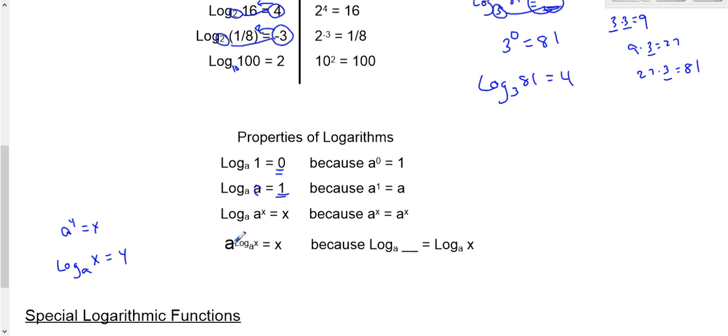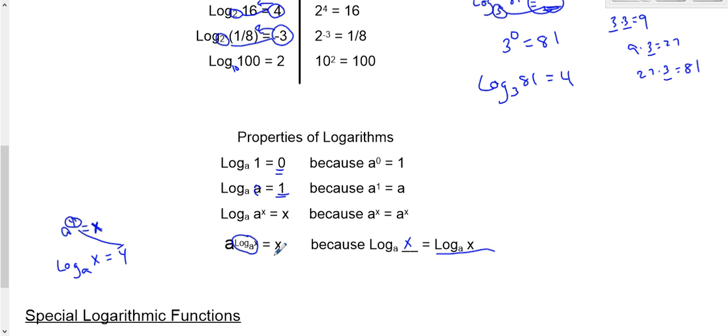So if I take my a, make that the base number, my x value, the answer, goes next to the logarithm. So x goes right here, and then the exponent becomes the answer. My exponent was log base a of x. So you can see these are equal.